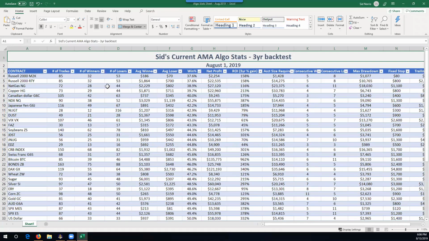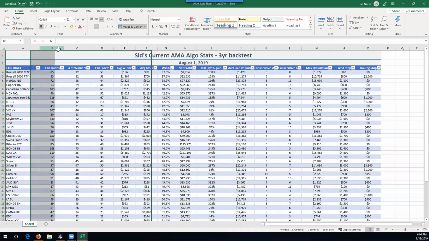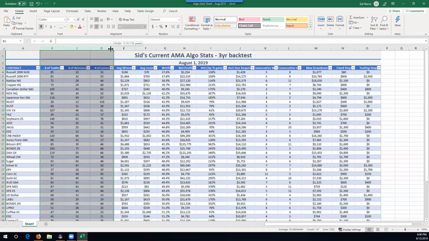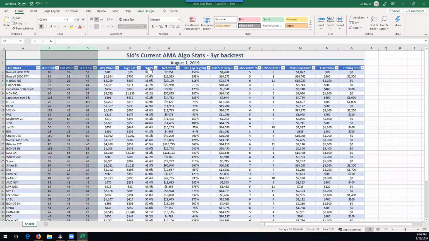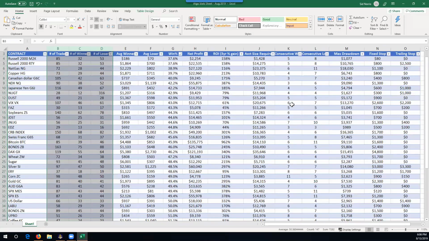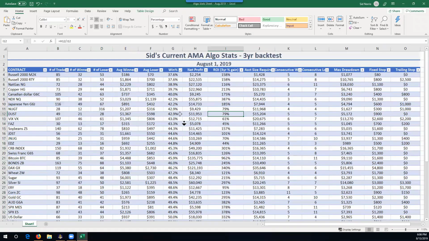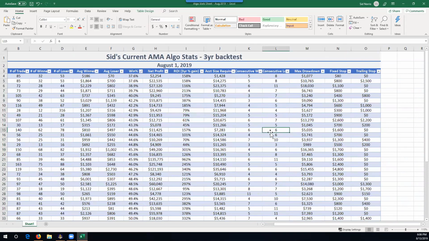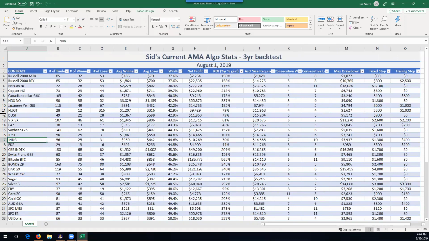I'm going to get this optimized here, where I can show you all of it at once if I can. There we go. So in tonight's edition of the nightly Algo reports and the crypto reports, which everybody who is a paying customer of mine gets, you get this spreadsheet in Excel format.